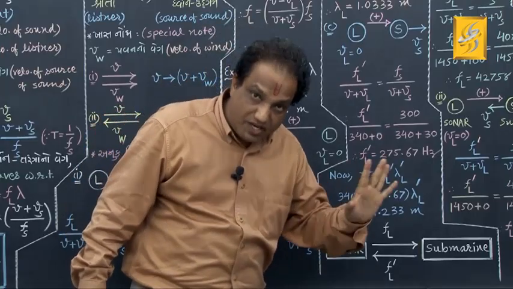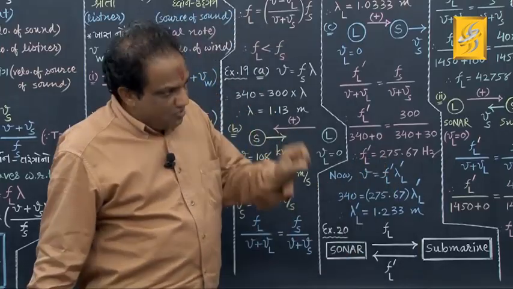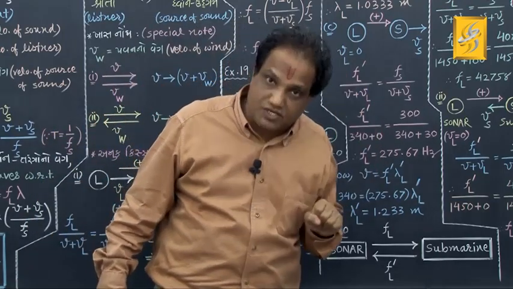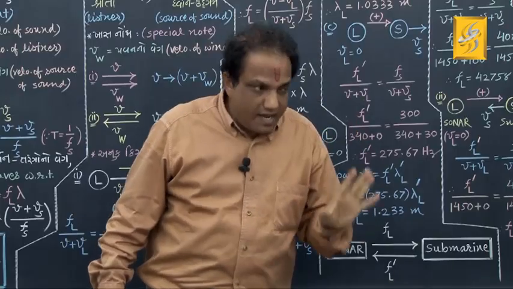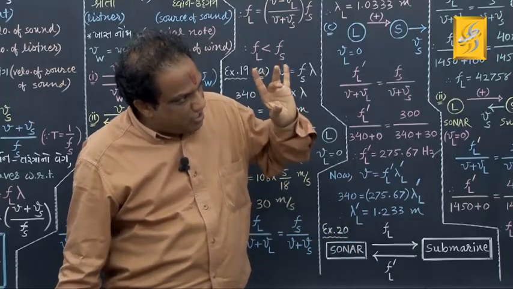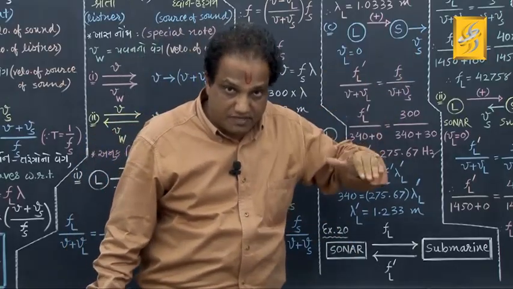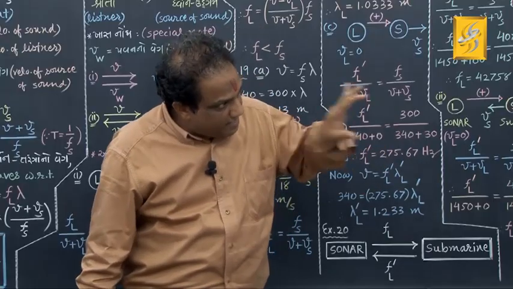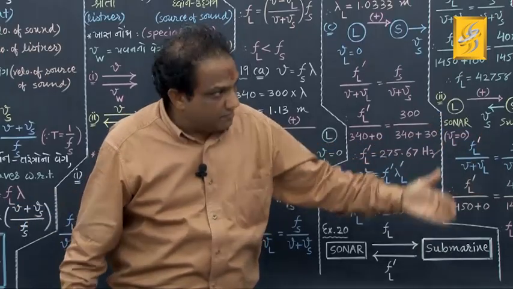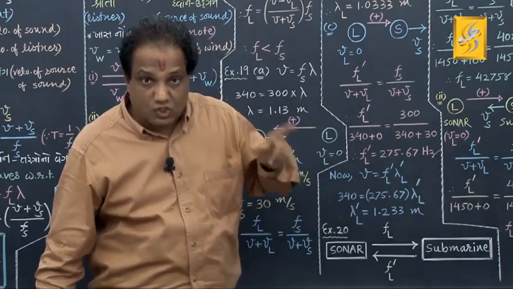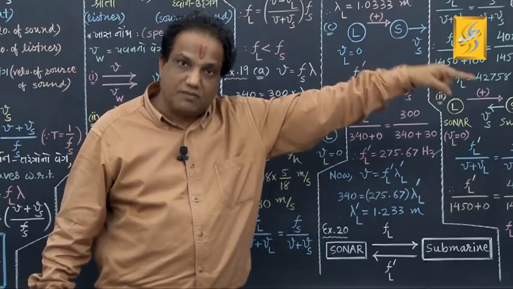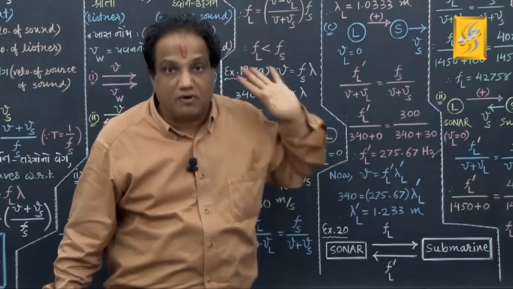In that, we generate sound waves with a frequency greater than 20 kilohertz, greater than 20,000 hertz. Those high frequency sound waves are produced from this system and travel in the sea water. If any object comes in the way, might be in the form of a submarine, the waves would get reflected. So if the transmitted sound waves are reflected, we can come to know that there is some obstruction in the way, maybe in the form of a submarine.